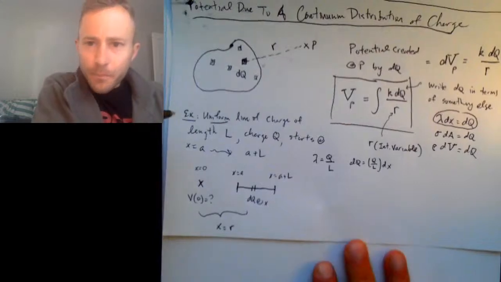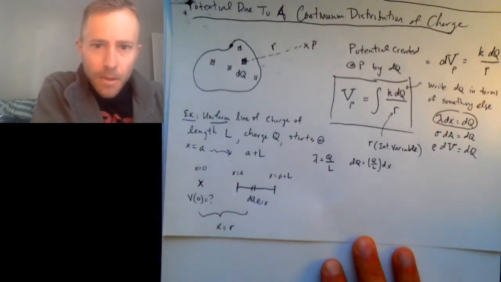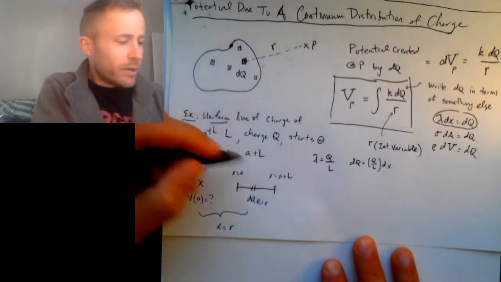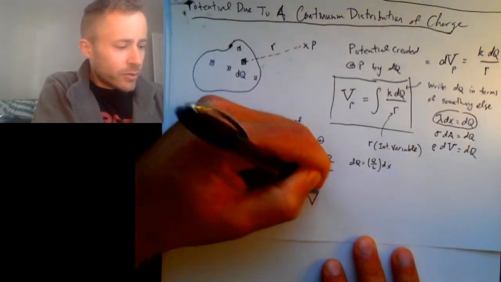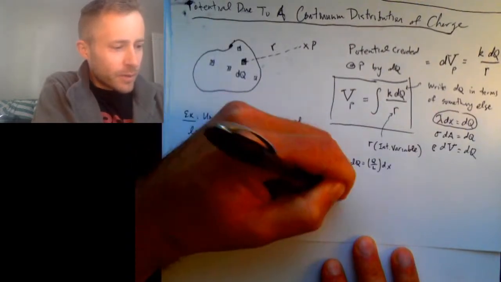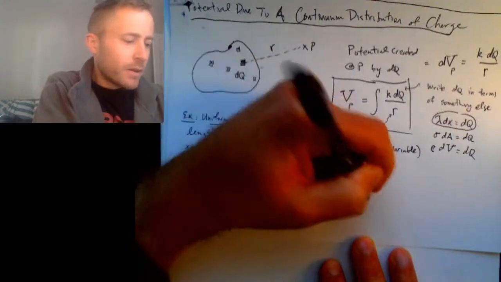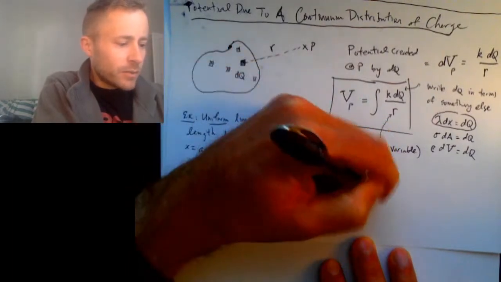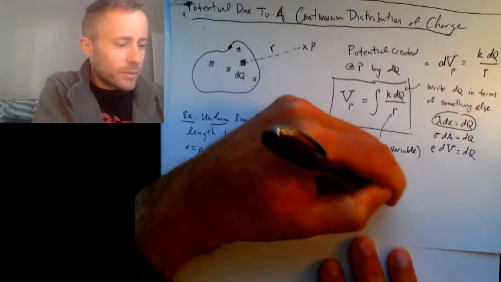All right, so then I can just plug in. The potential at the origin is going to be the integral of k times Q over L dx.